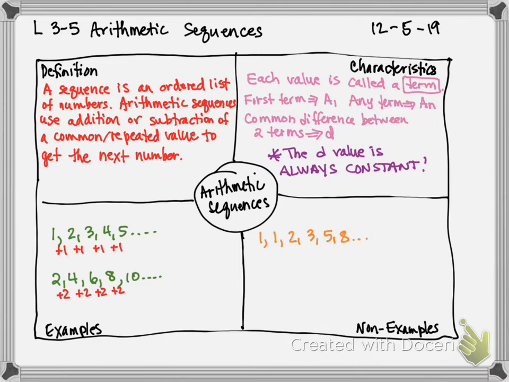But let's look at what happens. To get from 1 to 1, I add nothing. To get from 1 to 2, I add 1. So right now, that tells me it's not an arithmetic sequence because it has different d values. So that's not going to work. 2 to 3 is adding 1. 3 to 5 is adding 2. 5 to 8 is adding 3. So we have a bit of an issue.